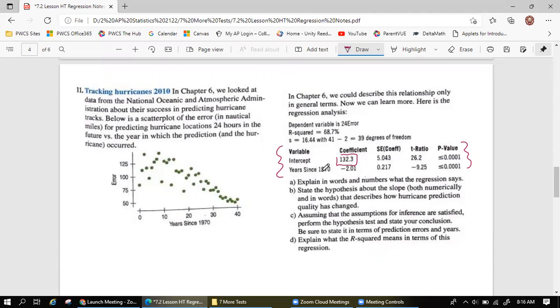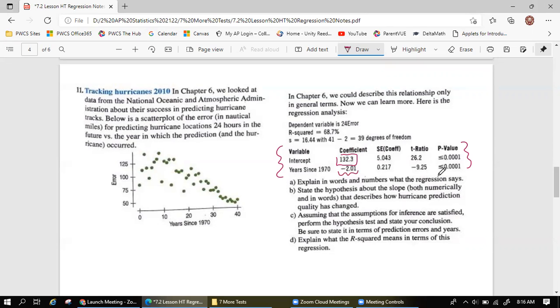Years since 1970 is the explanatory variable, our x as we're used to it. And so this would be the slope. That would be the coefficient of our variable, negative 2.01. We have some standard errors here, and then we have some t ratios, some t values, and some p values. And these are associated with our hypothesis tests.